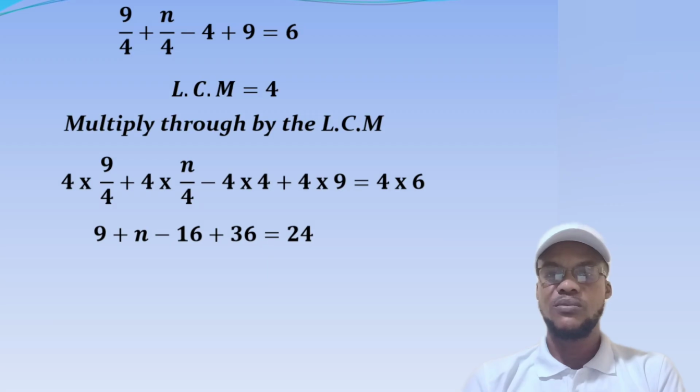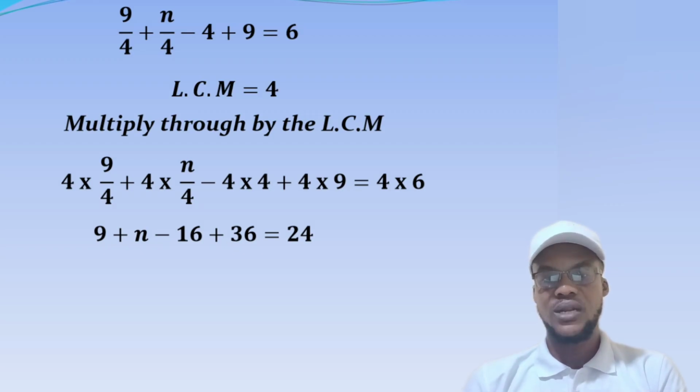The 4 multiplying n on 4, the 4 will also cancel out, leaving n behind. Then we have negative 4 multiplying 4, which gives negative 16. We also have 4 multiplying 9, which is 36, while 4 multiplying 6 gives us 24.